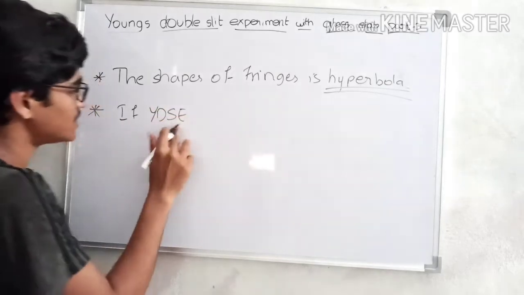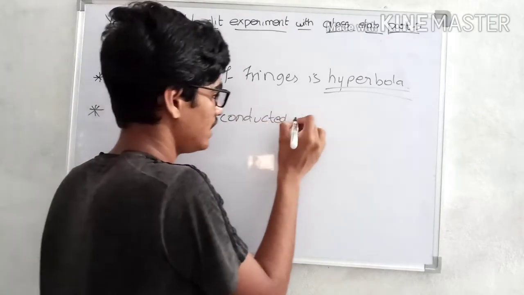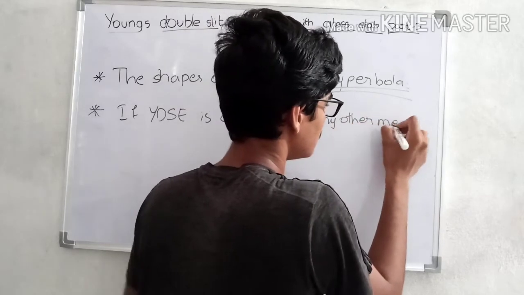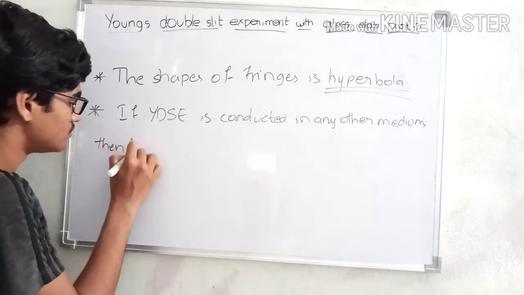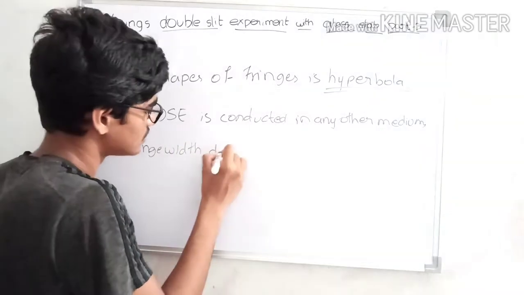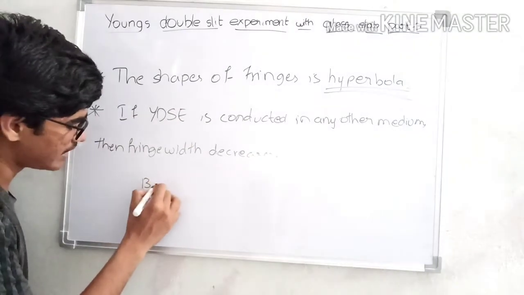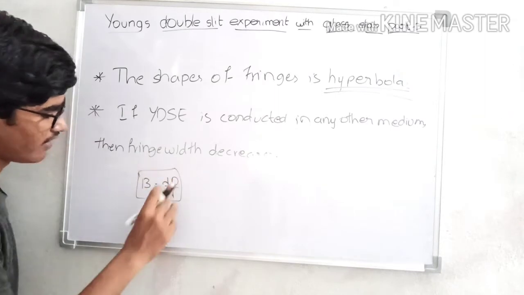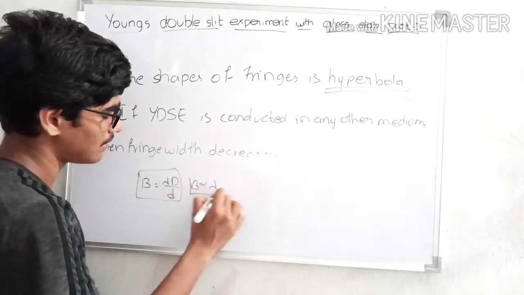And if YDSE, that means Young's double slit experiment, is conducted in any other medium, then the fringe width decreases. We know that beta equals lambda capital D by small d. That means if all the distances are constant, beta is directly proportional to lambda.